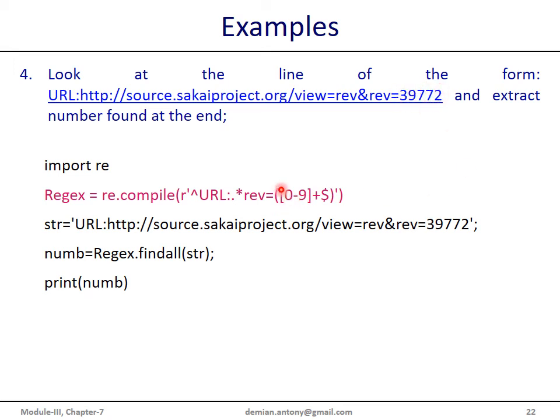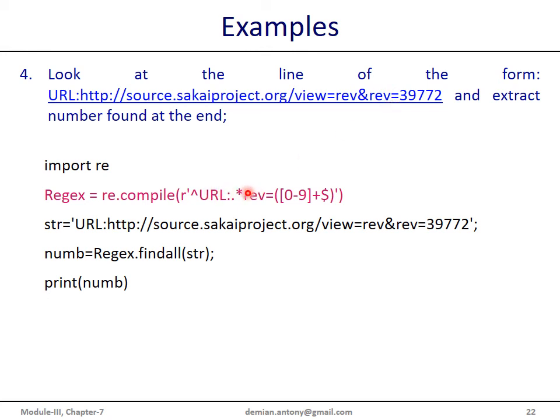You can see here 0 to 9 plus dollar. Dollar is to match the set of digits at the end. Then after this colon we can have any number of characters, dot star, then a mandatory REV equal sign.